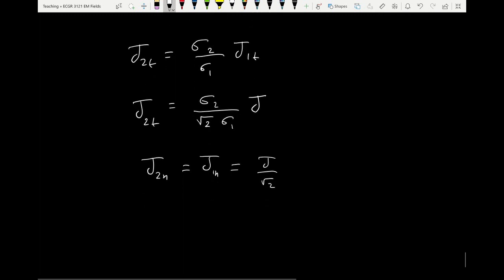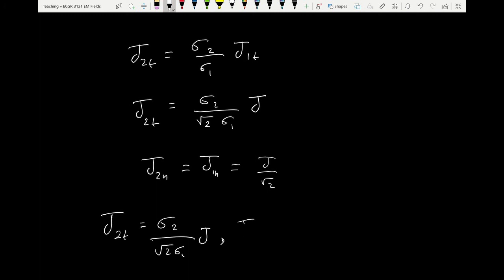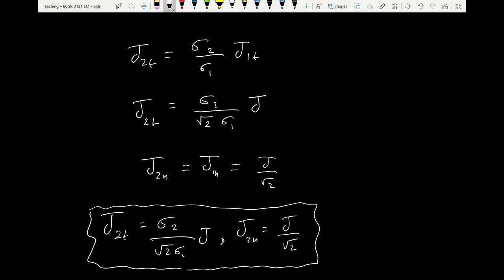Okay, so the current flux density on the other side of the interface is going to be J2t equals sigma 2 over square root of 2 sigma 1 J, and then J2n equals J over square root of 2, right? And those are the currents just after the interface.